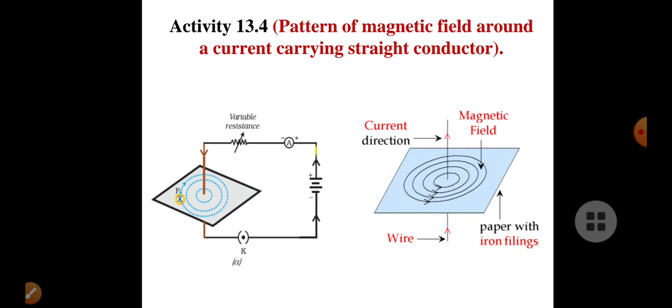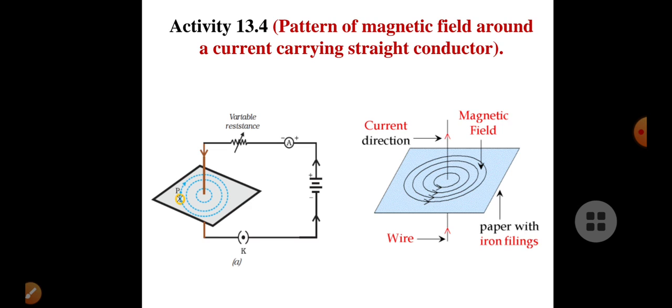And if more current is flowing, we noticed that more deflection is shown by the compass needle placed near the straight wire. So the more current flowing through the wire, the more strength of the magnetic field produced around it. So we can say it is directly proportional.